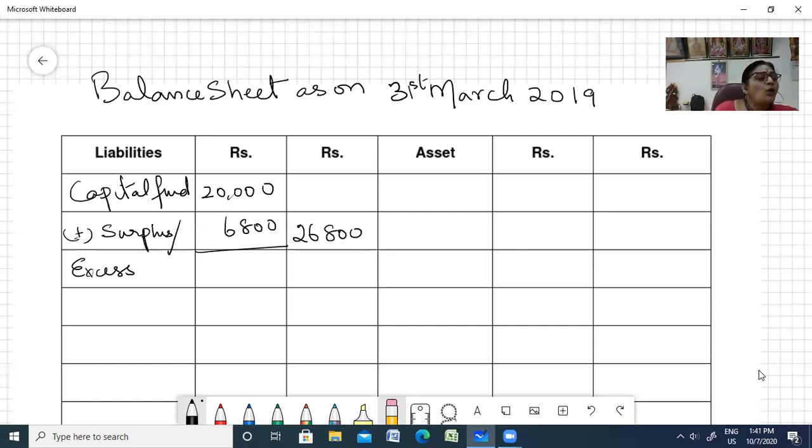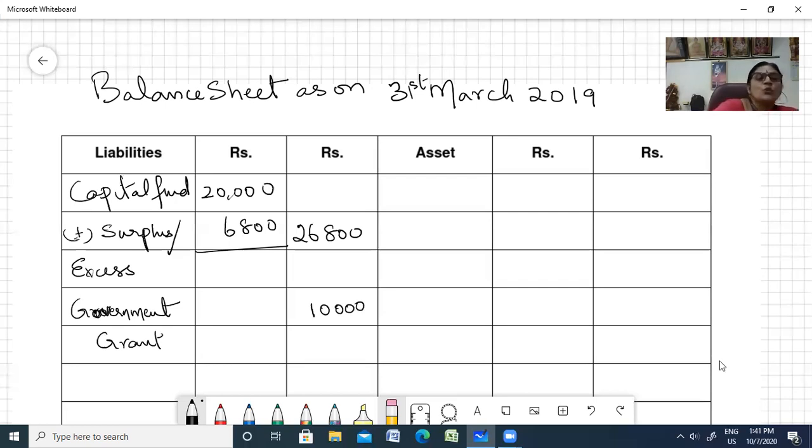Now, what is it that you have to take from the receipts and payments account? See, the government grant that we discussed. Government grant should come to the balance sheet, that is 10,000.